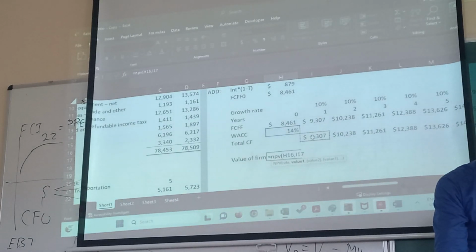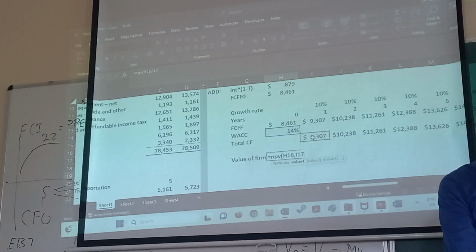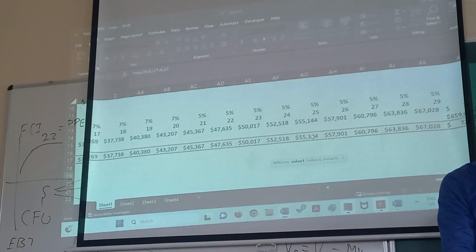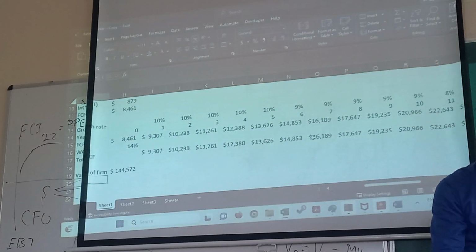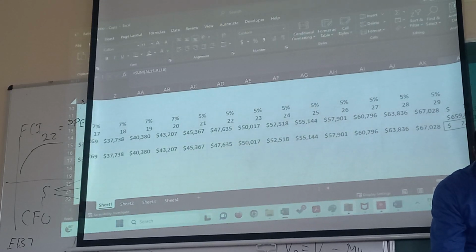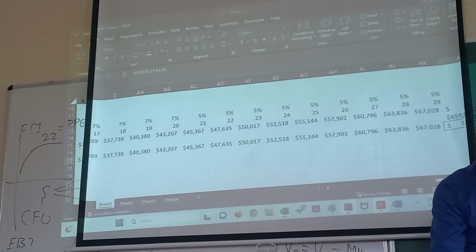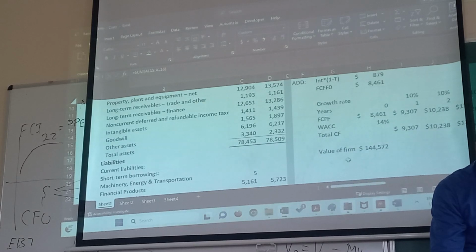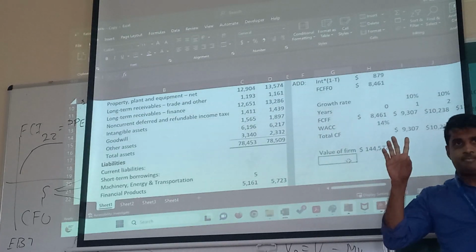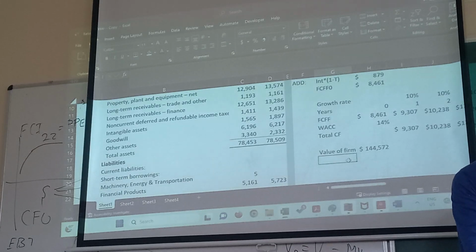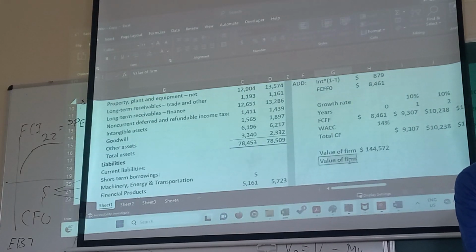Then all you have to do is select all those cash flows. Okay, now we got the total value of the firm. Now you need to find the value of debt.